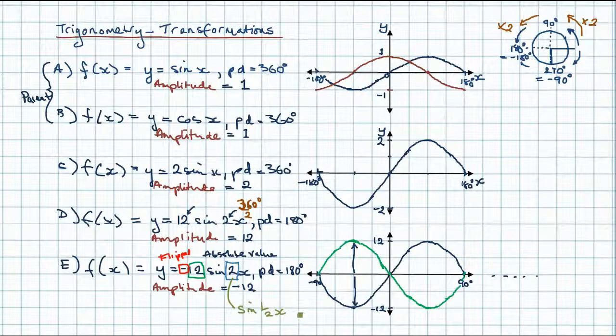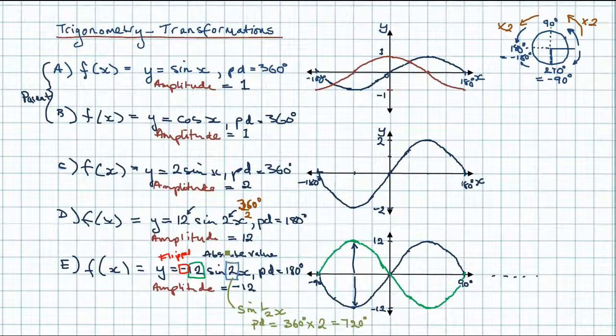That would then double the period, and therefore the period would equal 360 divided by a half, which is times 2, equals 720. So that would be another problem that we could look at. But that's the basic idea.